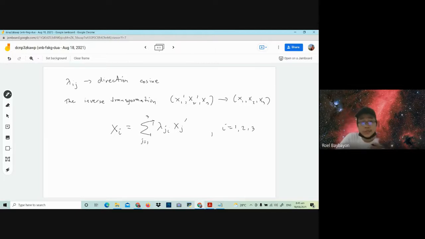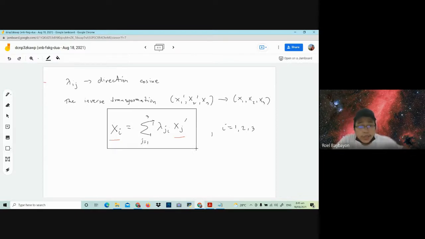So, muna ang inverse transformation. From x prime, padulong ka sa unprime nga coordinates, masolve gyapon nimo using this equation, inverse transformation. Take note, ang imuhang lambda na karon, as you notice here, di na sa lambda ij, right? Ang inverse transformation niya is bali na iyang form. It is not lambda ij but lambda ji.